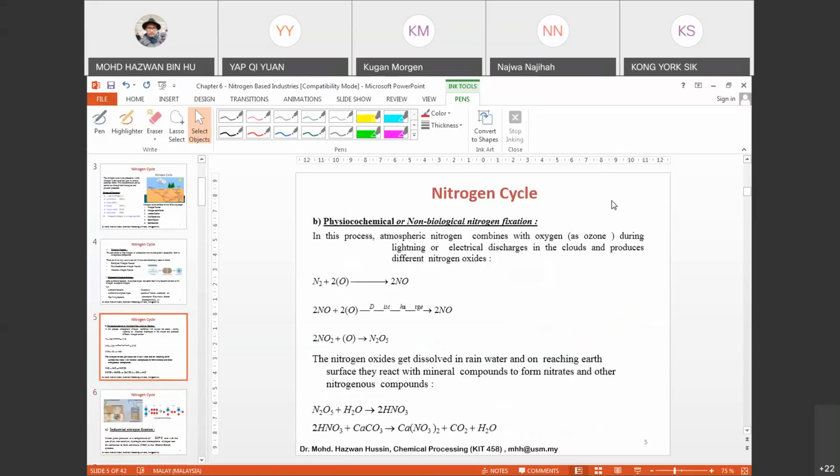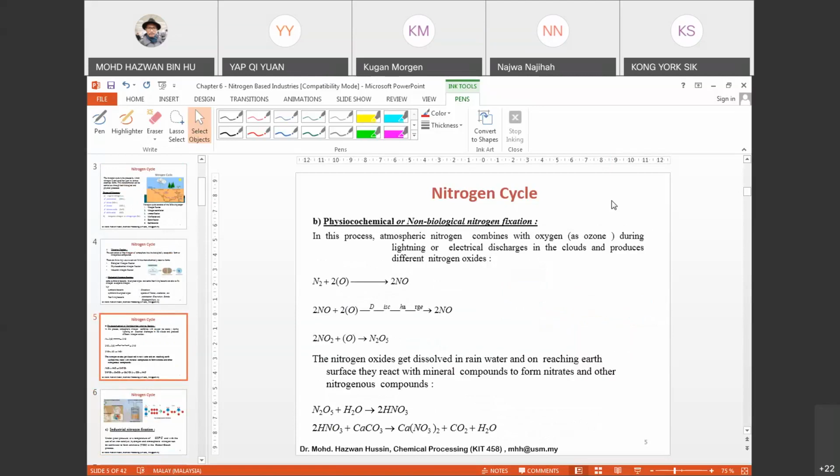The second process is known as physicochemical or non-biological methods. In this process, atmospheric nitrogen combines with oxygen, as in ozone, during lightning or electrical discharge in the clouds and produces different nitrogen oxides.